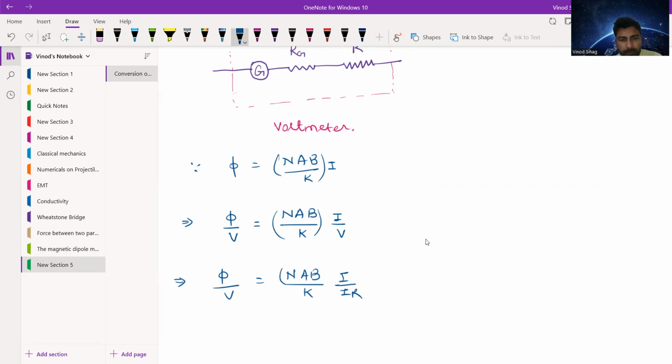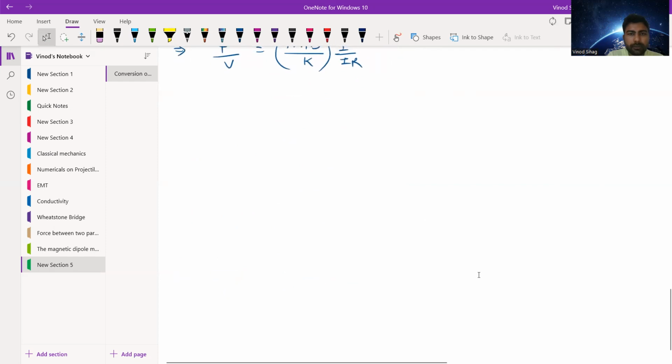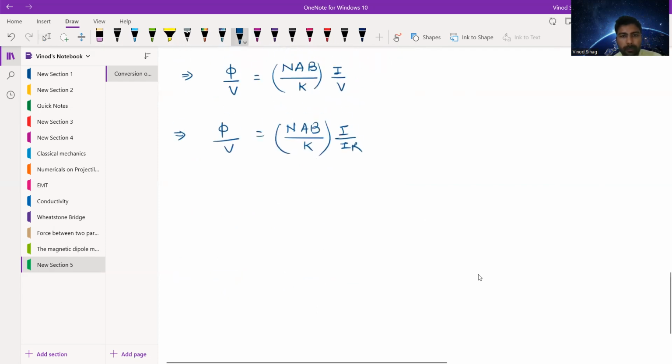The equation becomes phi by V equals NAB upon K, and I will be cancelled out, and we will get 1 upon R. So this will be the voltage sensitivity of the galvanometer.